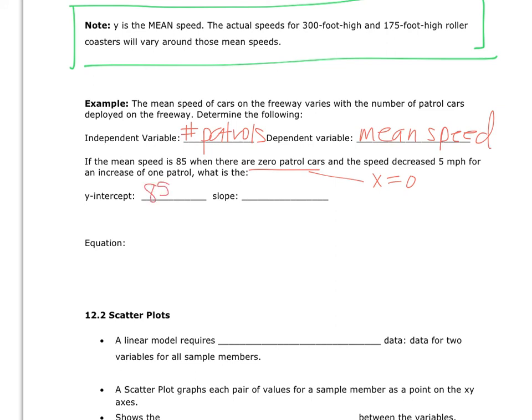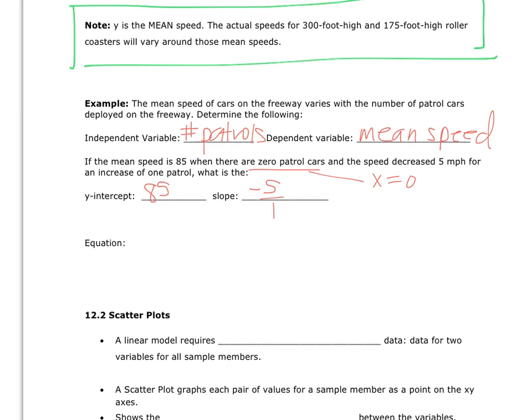And then the speed decreases 5 miles per hour for an increase of 1 patrol car. So that tells us that the change in our dependent variable, the change in y, the change in the mean speed, is -5. It decreases. And we could think about putting that over 1. So it goes down 5 miles per hour for every 1 patrol car that is added to that section of freeway.